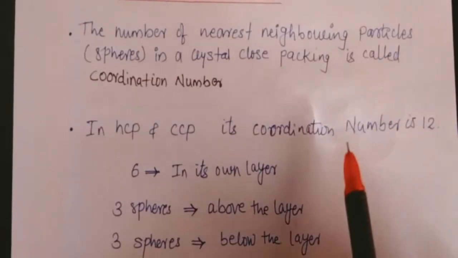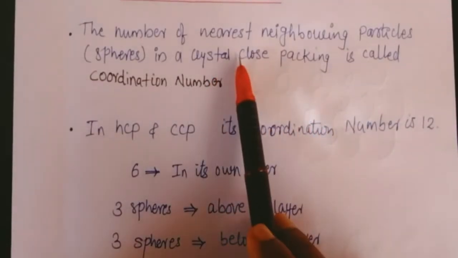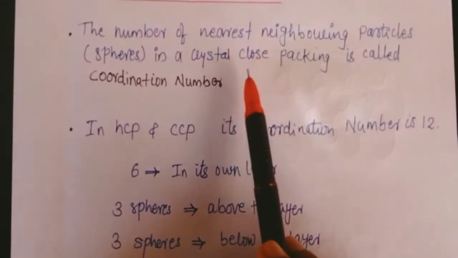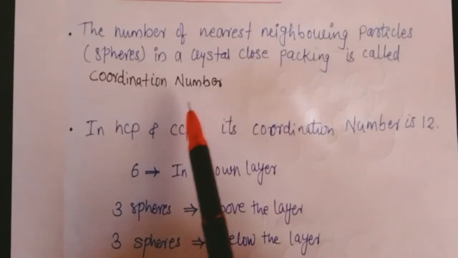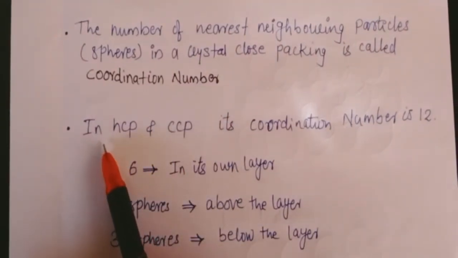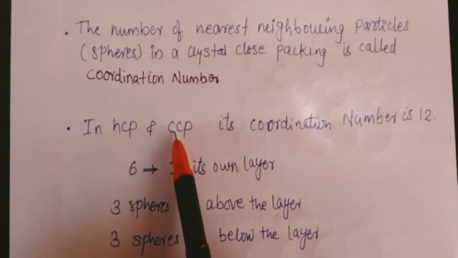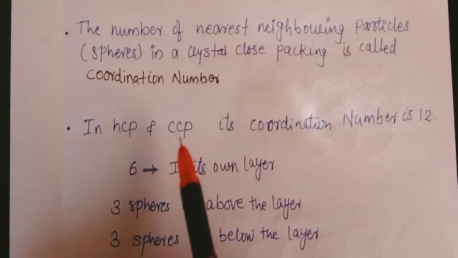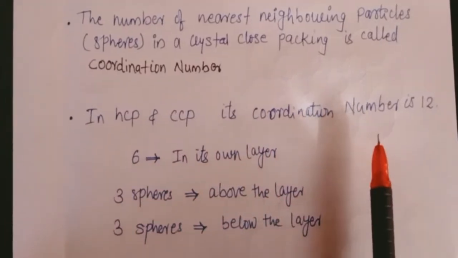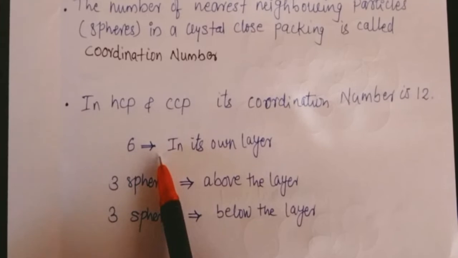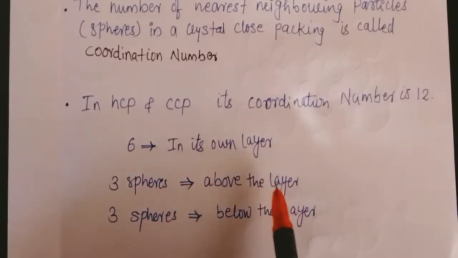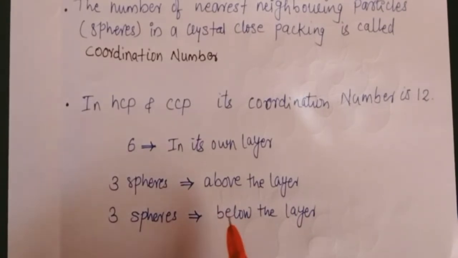Then the next one is coordination number. The number of nearest neighboring particles or spheres in a crystal close packing is called the coordination number. In the case of HCP and CCP, hexagonal close packing and cubic close packing, the coordination number is 12. It means 6 spheres in its own layer, 3 spheres above the layer and 3 spheres below the layer.